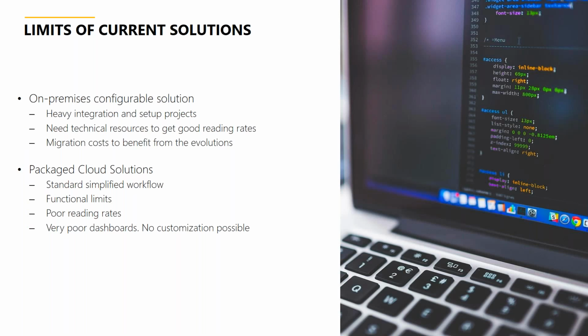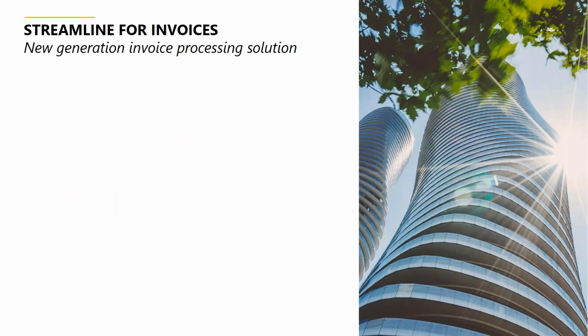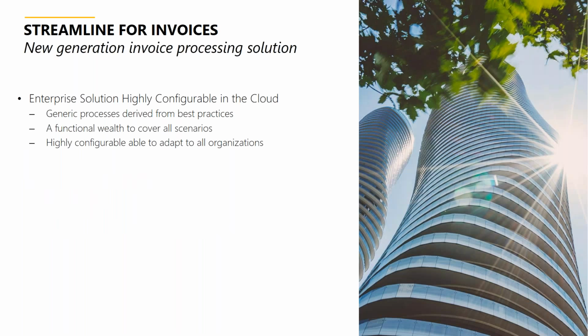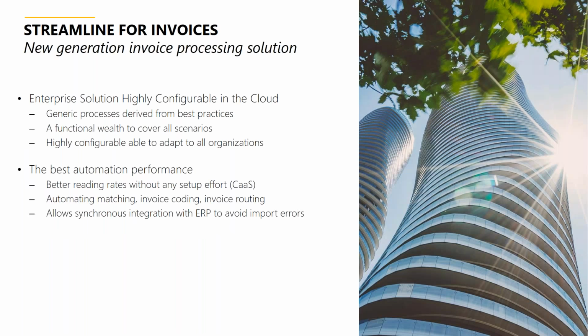Usually aimed at the bottom end of the marketplace, in terms of small to medium-sized organizations, rather than anything else. And obviously, the on-premise can have a huge amount of customization capability with it, but a packaged solution, well, you'll be lucky if you get much in reality. So they're pretty much what your options are out in the marketplace, or traditionally have been out in the marketplace more than anything else. We brought out a new product which is called Streamline for Invoices.